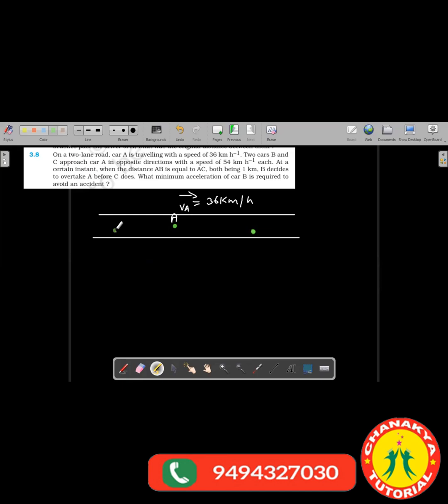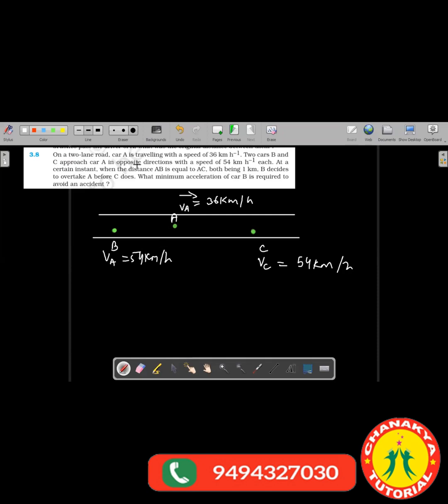So both car B and C decide to overtake A. They are approaching A in opposite directions, both of them with a speed of 54 km per hour.